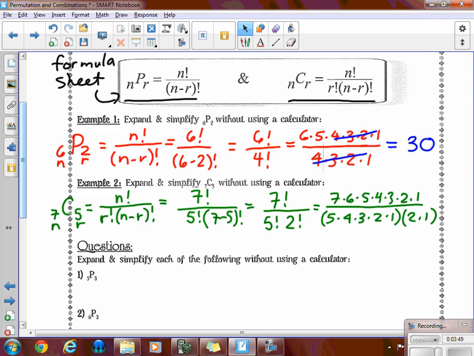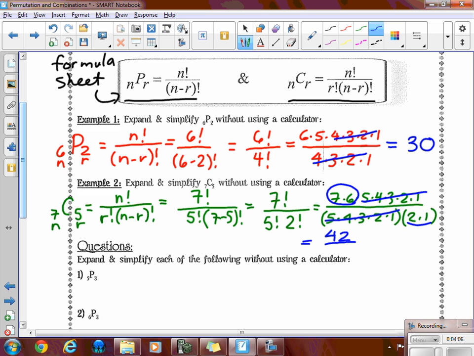Again, if we examine it, our numerator and denominator have the same sequence of multiplication. 5, 4, 3, 2, 1 divides out with 5, 4, 3, 2, 1, which leaves us with 7 times 6 on the top, which is 42, and 2 times 1 in the denominator, over 2. So that means 7 choose 5 equals 21 just using the formula. So you can see the formulas aren't complicated. A lot of stuff works out and helps us to make the calculations a little smaller.